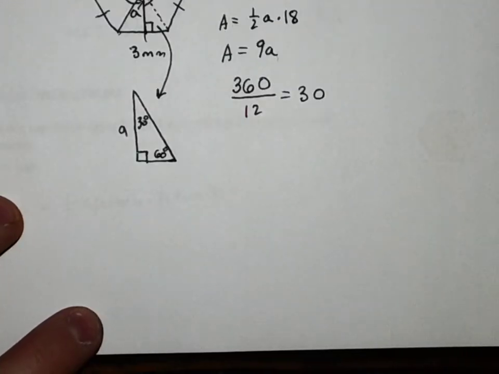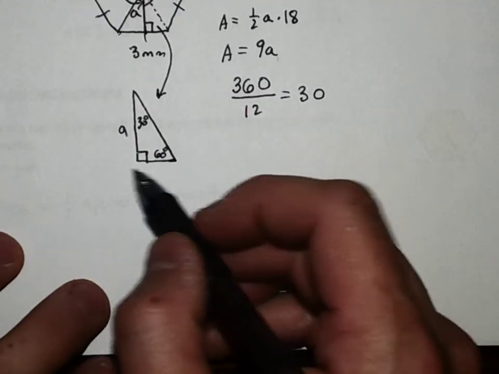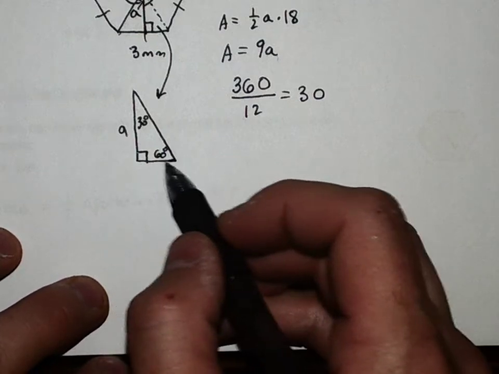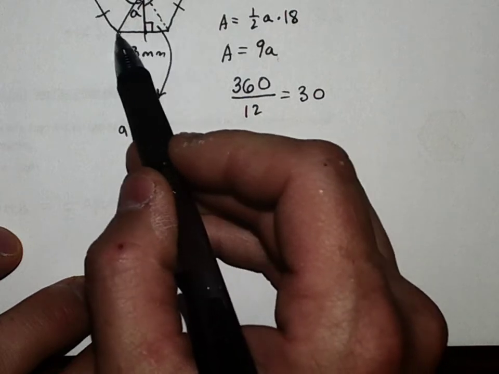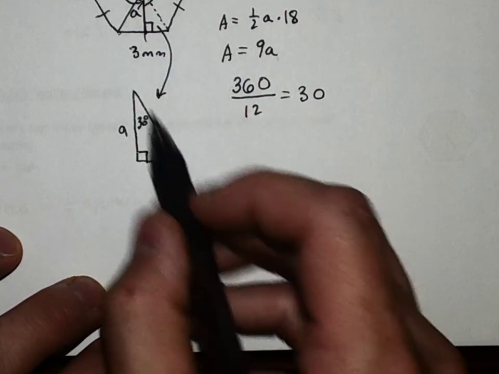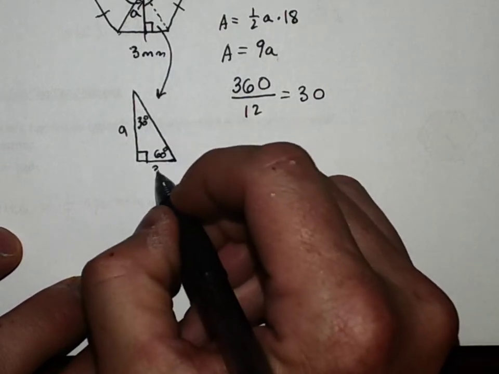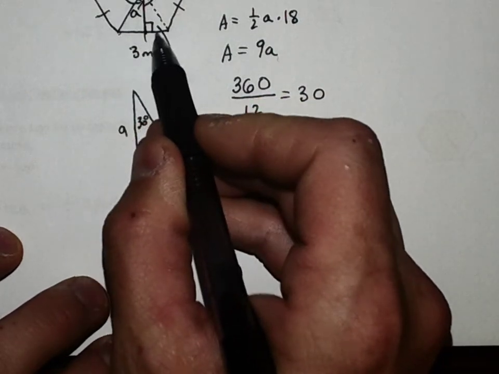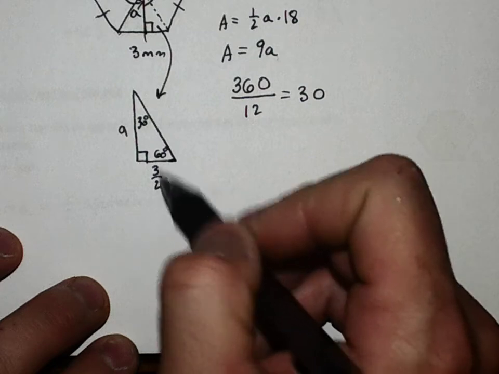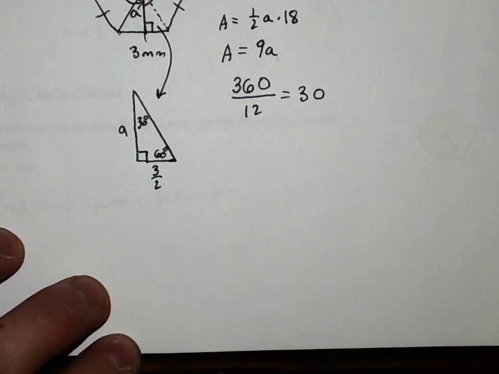I hope you do, okay? This is the short side. What is this distance? Well, if this entire distance is 3, this distance is half of 3. It is whatever this whole side was divided by 2, 3/2, or 1.5.